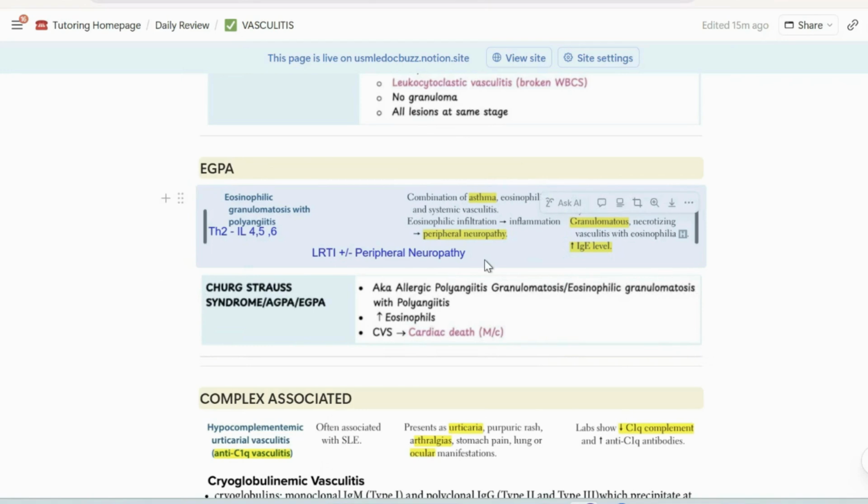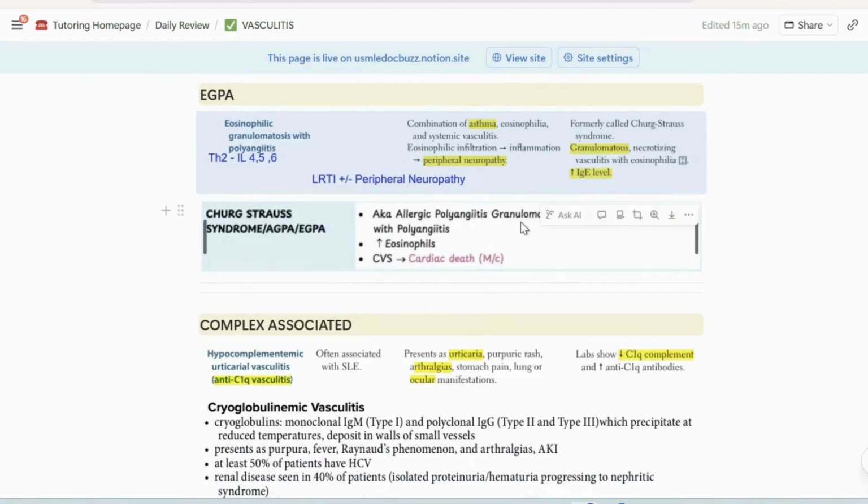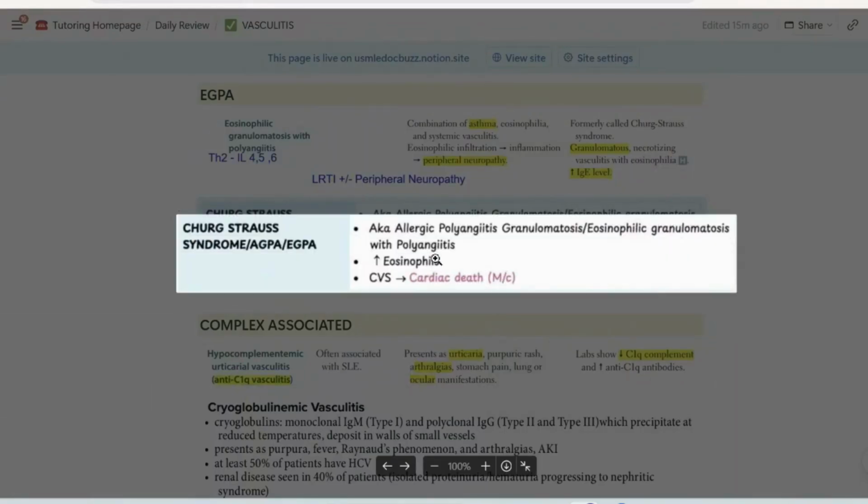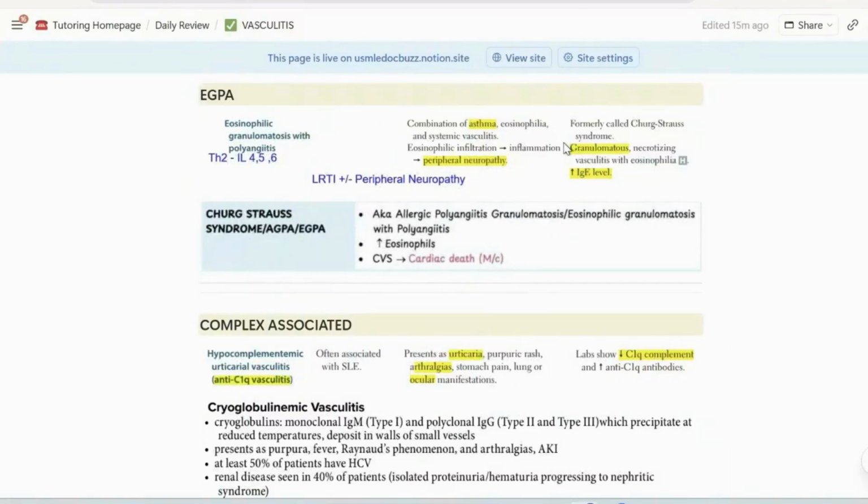And you see asthma being the major thing that is presenting. Okay, so more or less the entire picture is the same, right? Here you will end up seeing cardiac death is the most common way for them to go, but more or less it's relatively the same. Okay, so lower respiratory tract plus or minus peripheral neuropathy, you're going with EGPA.